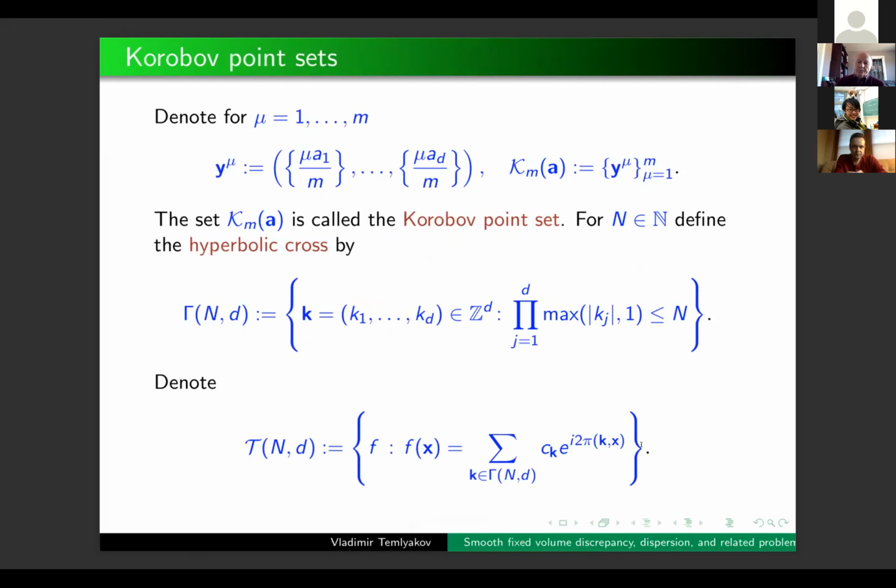Let me maybe just keep this notation, and I will not talk about this in detail because I don't have much time. Let me skip this because, again, Nasta will talk about this in detail.